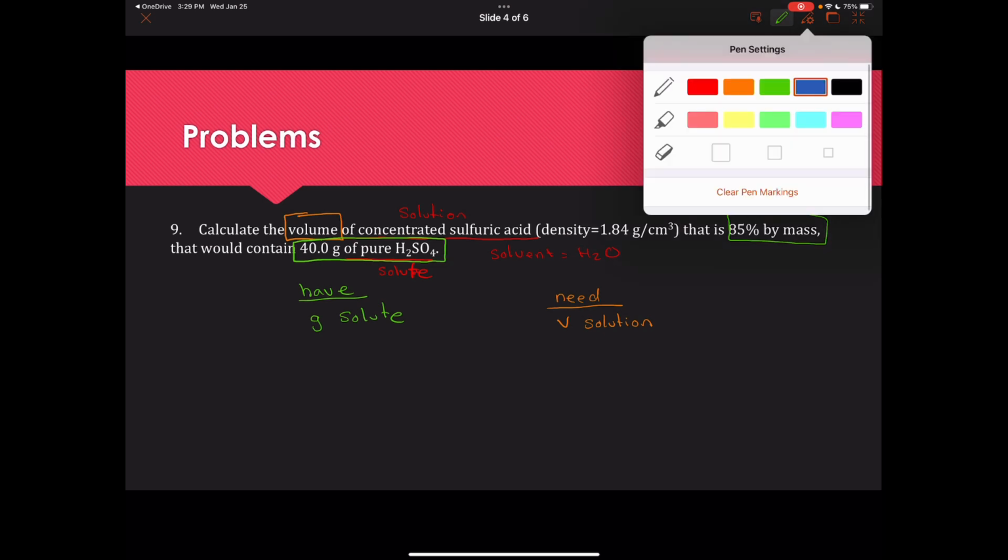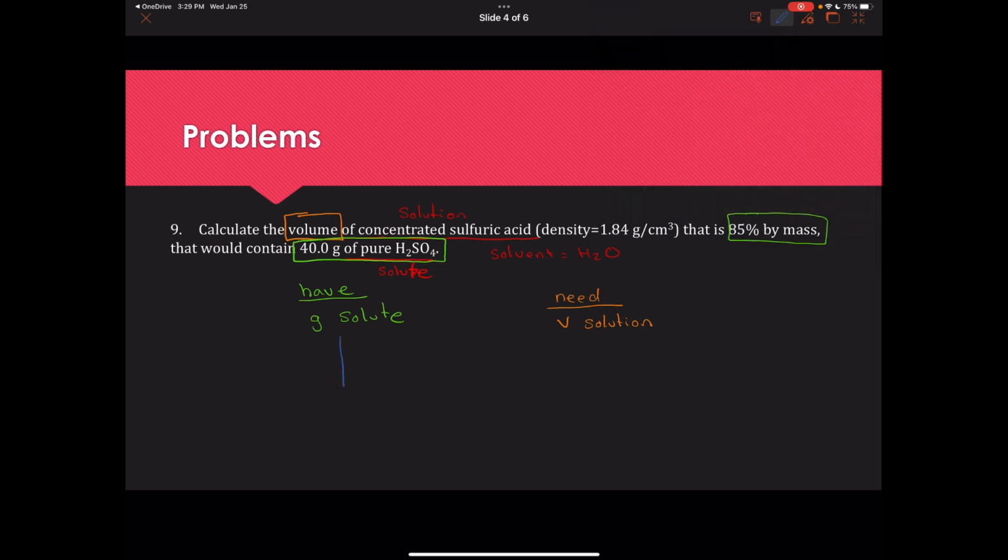So what I can do is convert the grams of my solute to grams of solution, because that's what the mass percent relates. This means we've got 85 grams of H2SO4 pure in 100 grams of our solution. So that's our first step. We're going to use that mass percent to convert grams of solute to grams of solution.